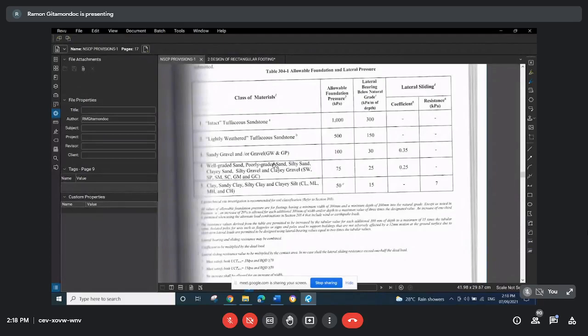Of course, you still have to get some soil samples and classify the type of material. After classification, you have here the recommended allowable foundation pressure. So this might be overly conservative, resulting in a not so economical design of the footing.